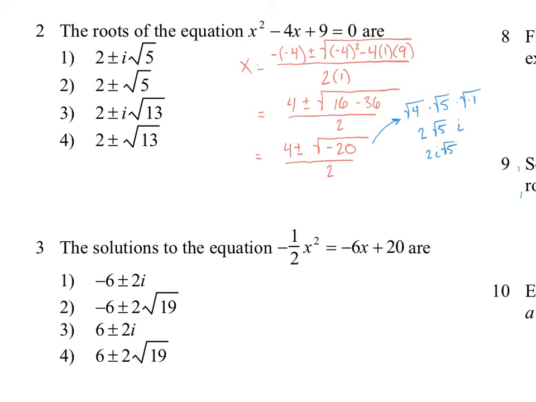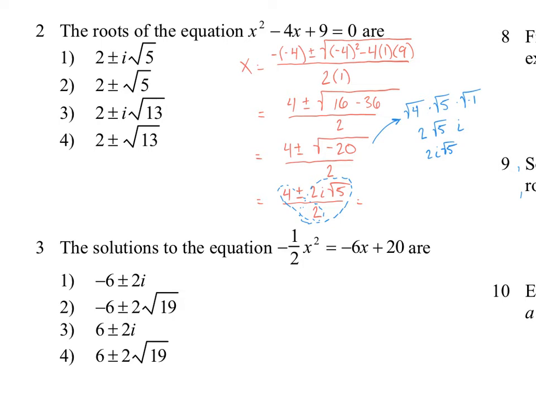All right, so that's going to be our next step. We now have 4 plus or minus 2i radical 5 over 2. And I'm going to simplify that by dividing 4 by 2 and also by dividing 2i radical 5 over 2.